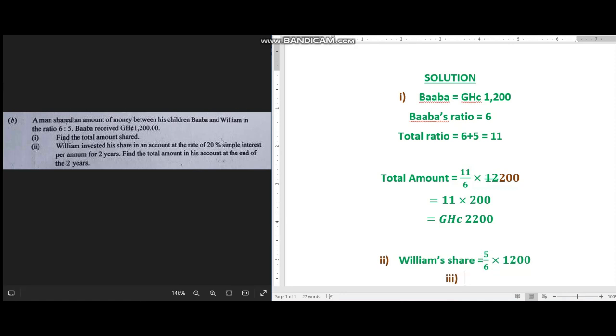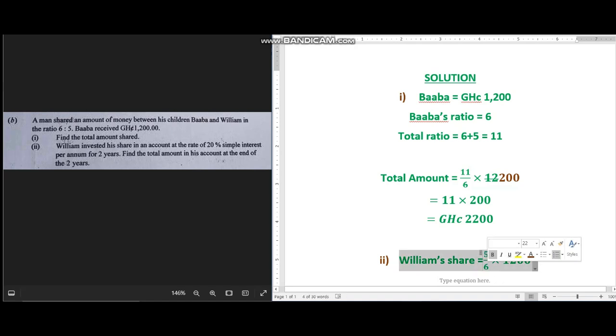So we cancel out like what we did at the other side. 6 will go into 12. This 6 at the denominator will cancel out the 12 two times. Add the other 2 zeros to it, making 200.